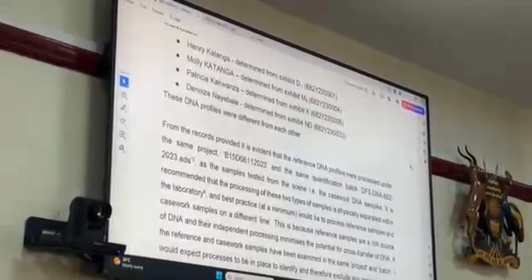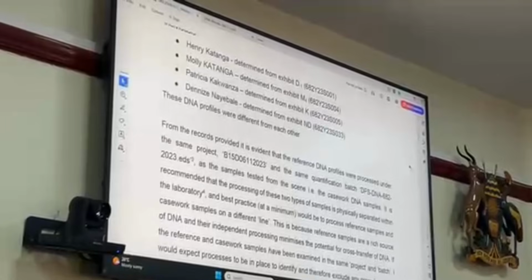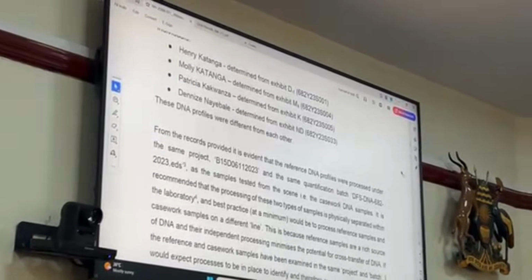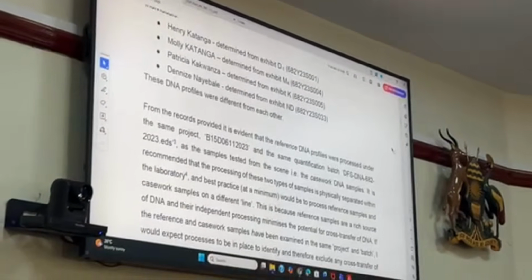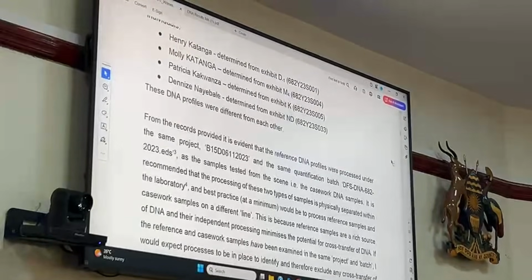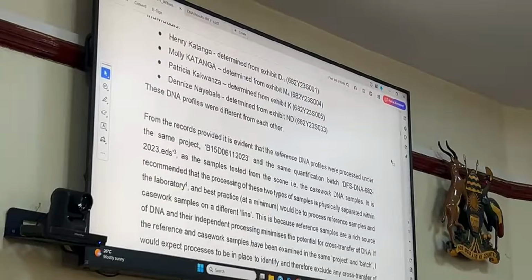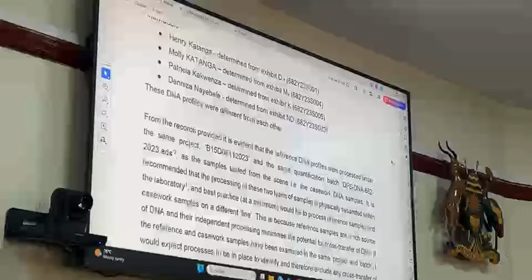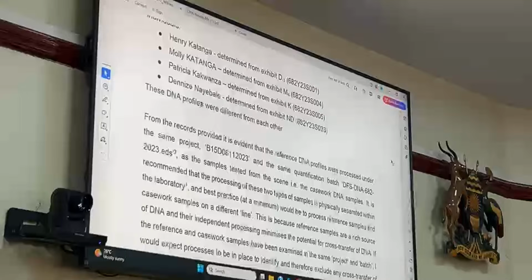My Lord, do I understand that counsel is leading the witness to tell us about general things that are not specific to what she analyzed? Because we need to be clear. Is she saying that these particular samples were taken from any person's mouth, or is she giving a general view of what she thinks should be the practice?